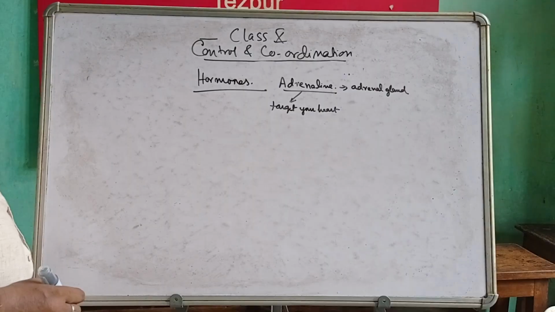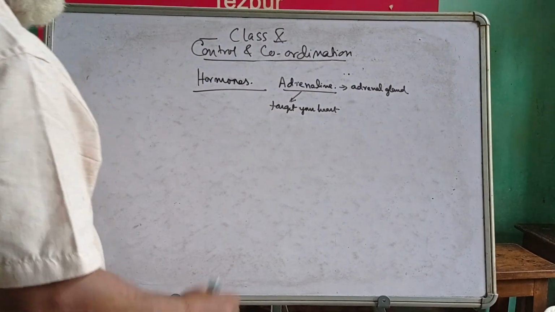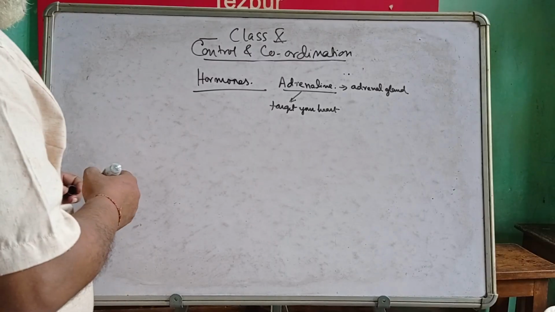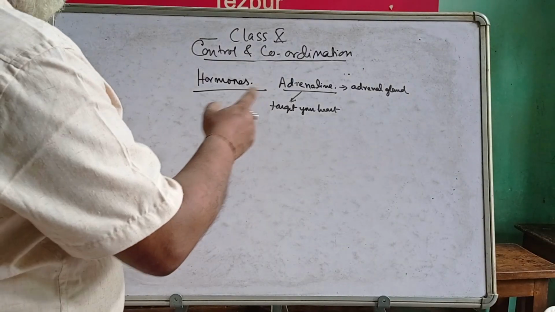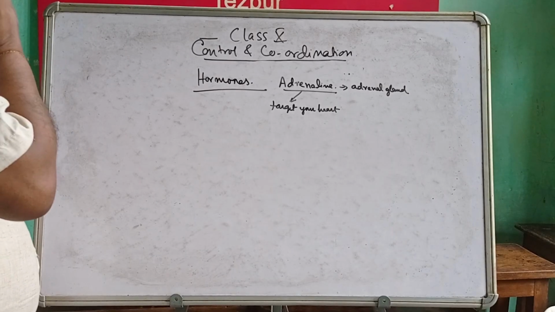So what happens? Adrenaline is a hormone secreted by the adrenal gland, and its main target is your heart.